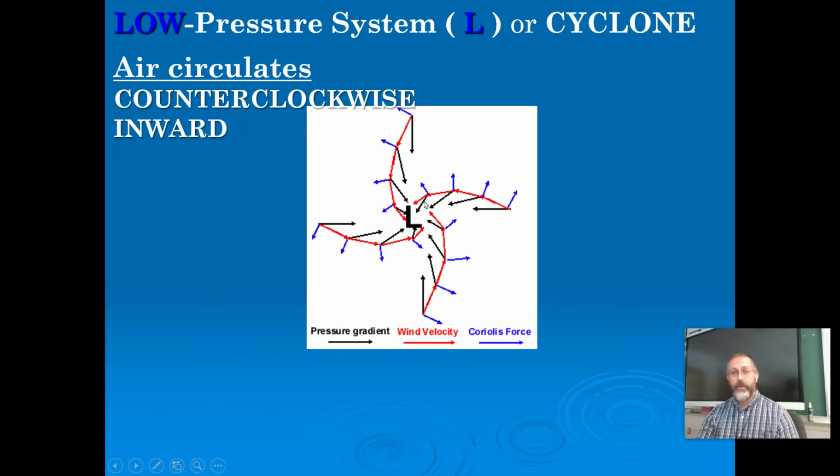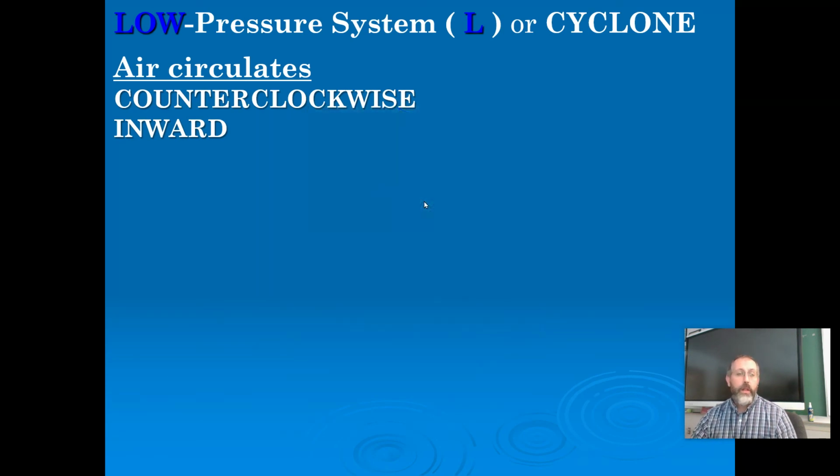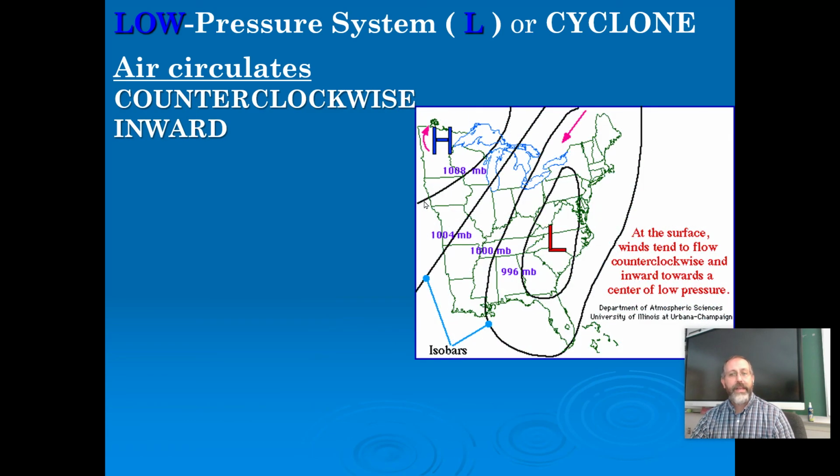The hurricane that was a few slides back is a very visible example of a nice low pressure system, because you can actually see the winds, the cloud formations, going counterclockwise around it and in toward the low. Now, low pressure is typically not what you want to have coming towards you on the weather map. Low pressure usually means unpleasant conditions.